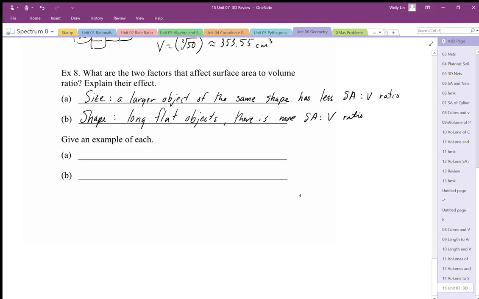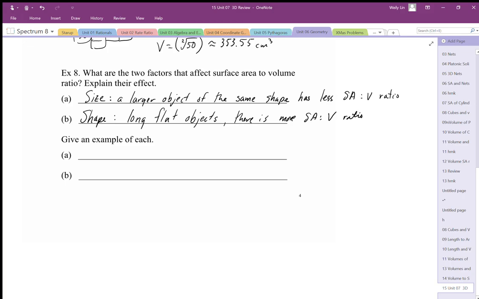So if you flatten out something really flat, you have very little volume, but you have lots of surface. So you have a large surface area to volume ratio. So when you want to maximize your surface area to volume ratio, you have kind of long, flat things.